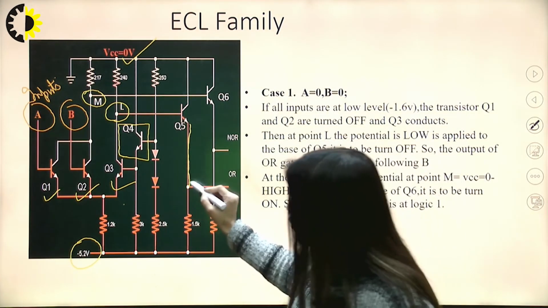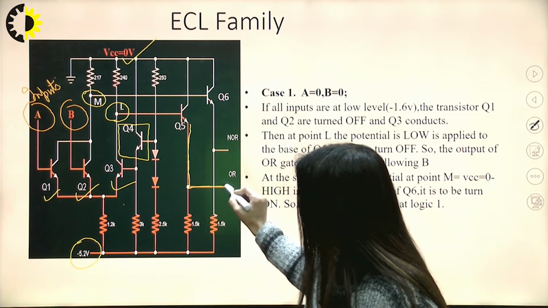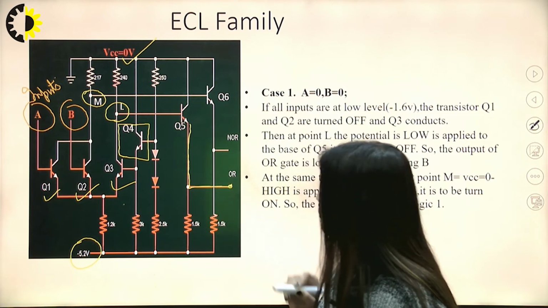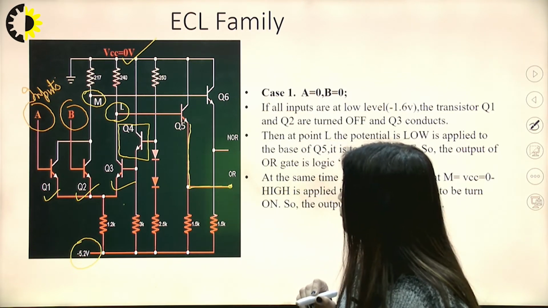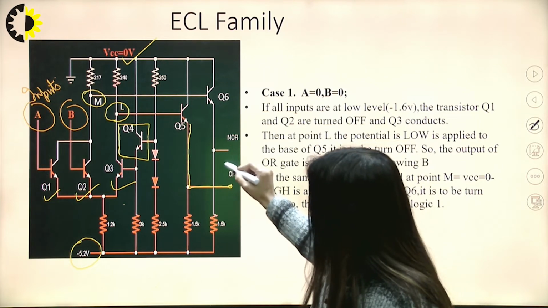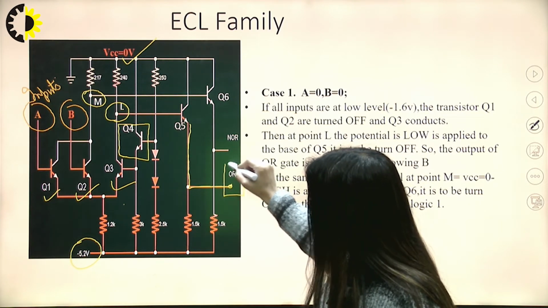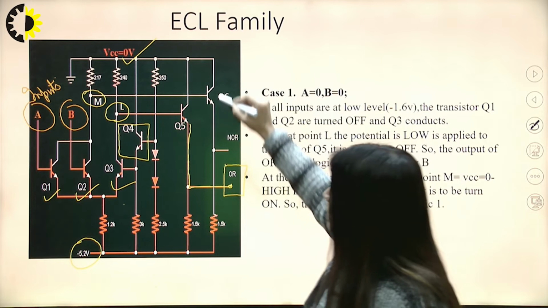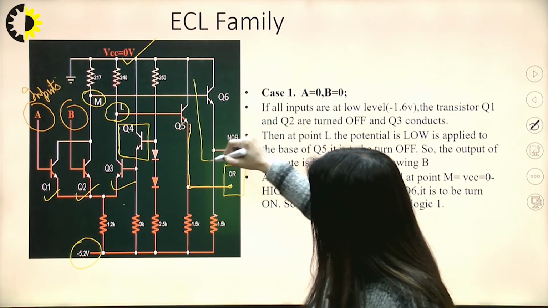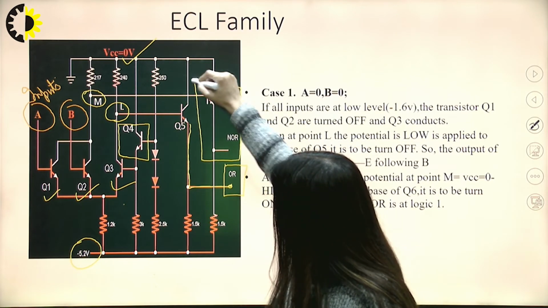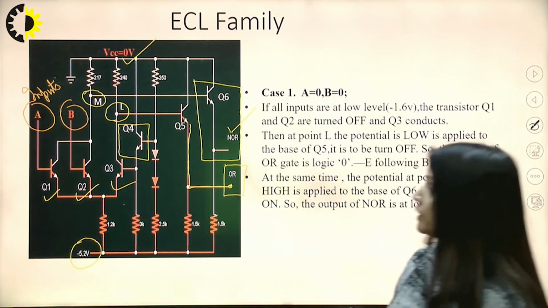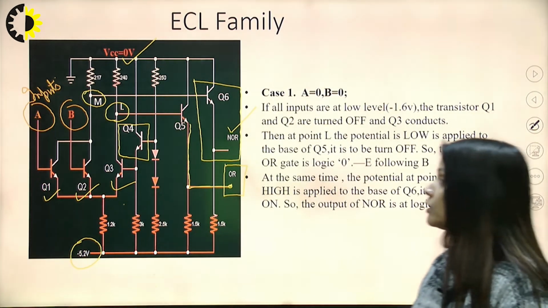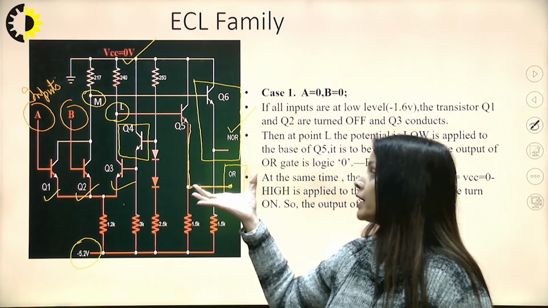So the output we are taking from the Q5 for this arrangement, emitter follower output, is OR. So this output is for OR, and the Q6 output is for the NOR gate.